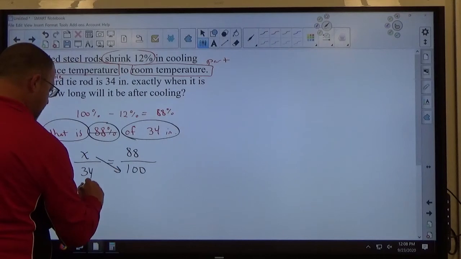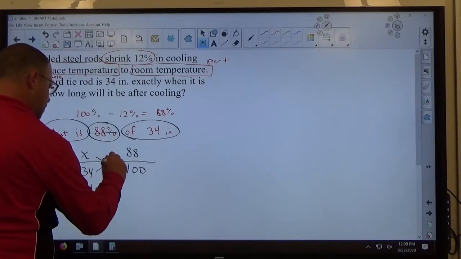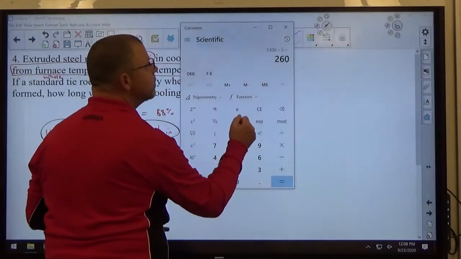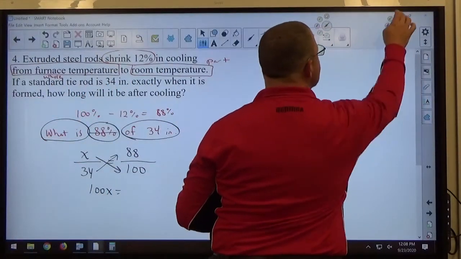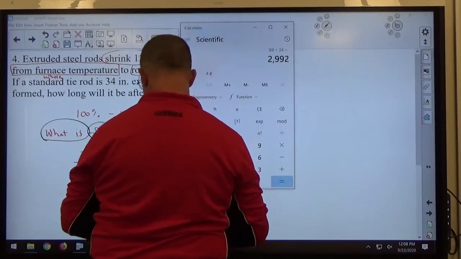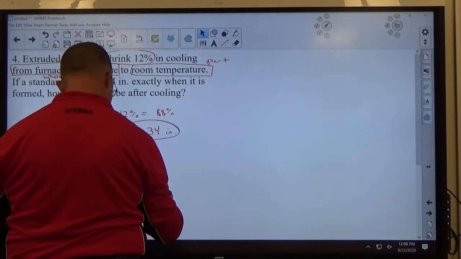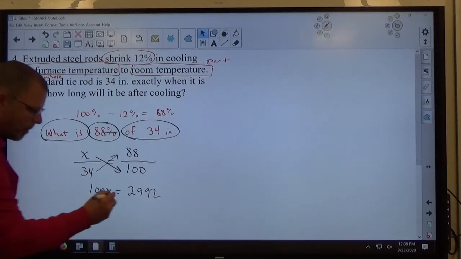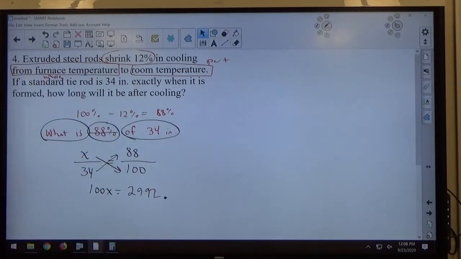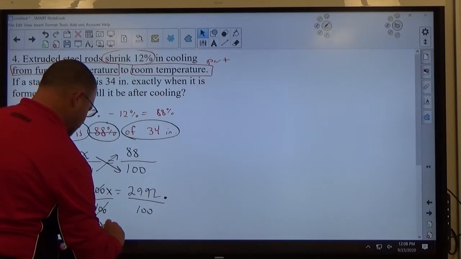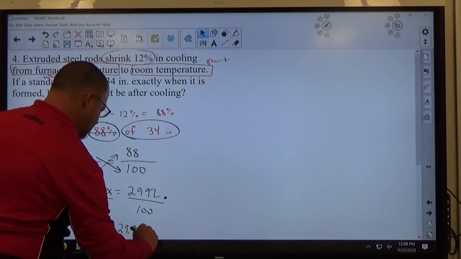This product, 100x, equals that product, 88 times 34, 2,992. So if 100x equals 2,992, decimal point lives right there at the end of the number. Divide by 100 is going to slide the decimal point 2 spaces left, so divide by 100. Divide by 100, we're going to get x equals 29.92 inches.